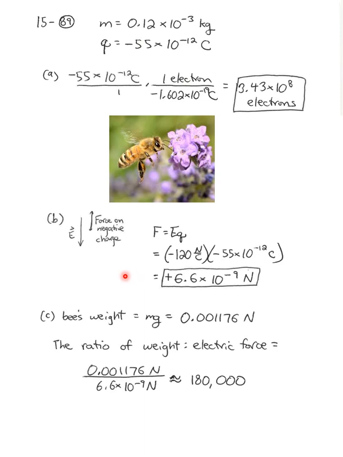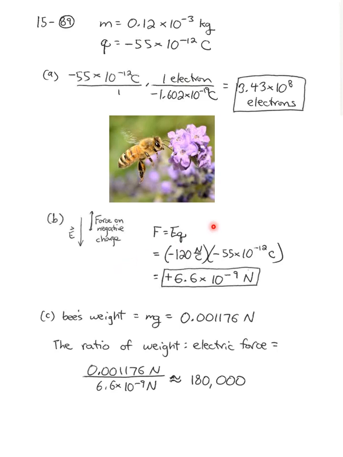Now, question B asks, find the electric force on the bee in the electric field from the Earth, assuming that, going back to the given information, it's picked up that much charge. So the force on it is going to be upward because the electric field is going downward. It says directed vertically downward.